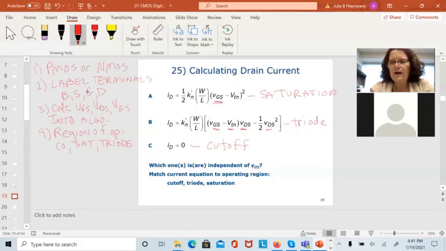These two equations actually equal each other, so you can pick which one to use. In that case, I choose the saturation equation because it's shorter. So I always just do this to make the students' heads not hurt. That's the borderline. If it's equal, I call it saturation.